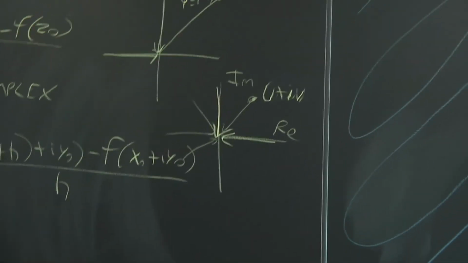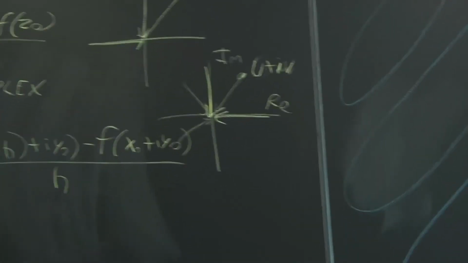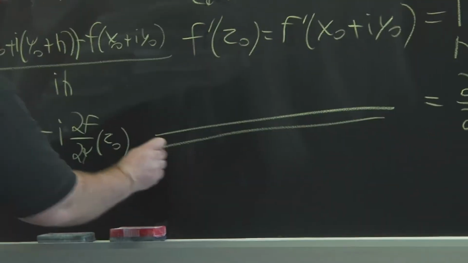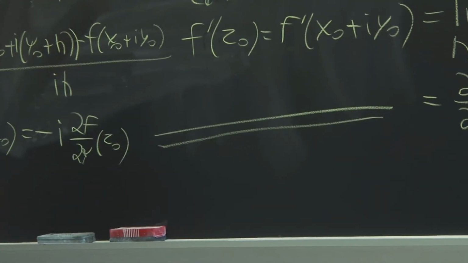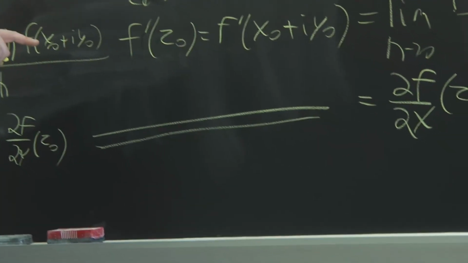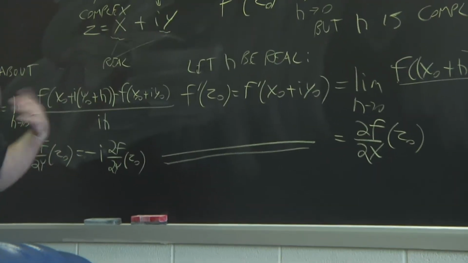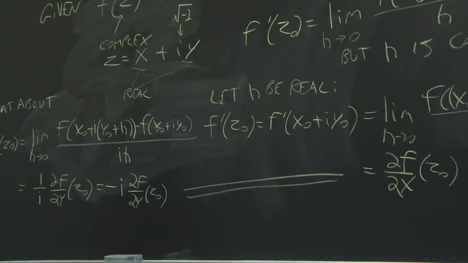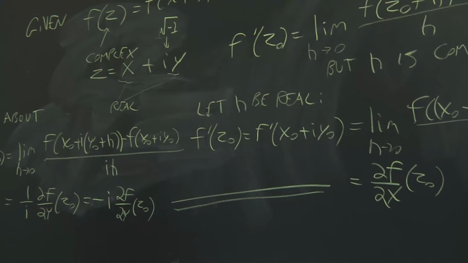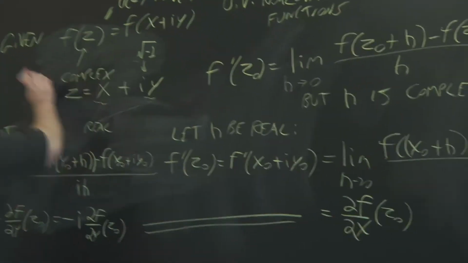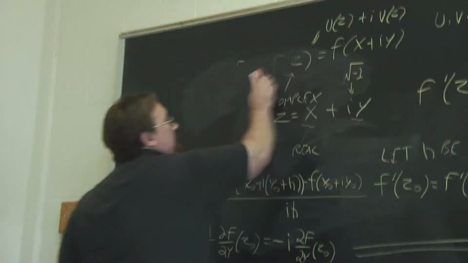So depending on which path you choose, you could get a different value. Except we need these to match. These have to match in order for the derivative to exist. So let's suppose then that it does exist, what does that mean?